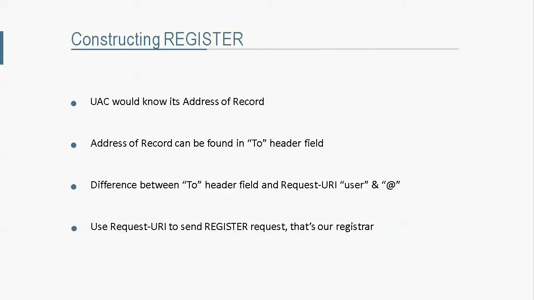Since we know the request URI based on the conclusion we just came to, that's the address of our registrar. If this address is a domain name, which it is most of the time, the user agent client uses DNS to resolve it to an IP address. The transport layer protocol and the port are extracted again by following the procedure we discussed in part 3.